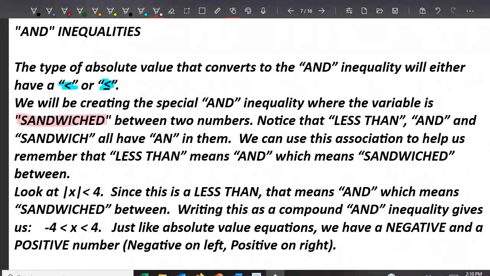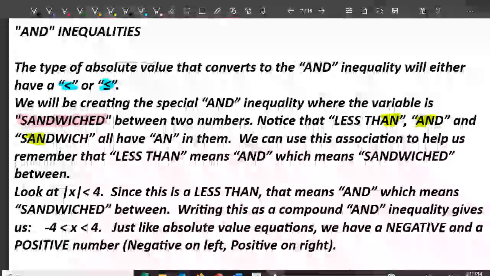Now, I want you to notice the less than, the AND, and the word sandwich all have an AN. We need to kind of associate that. Since they all have ANs, less than is an AND, which means it's sandwiched.